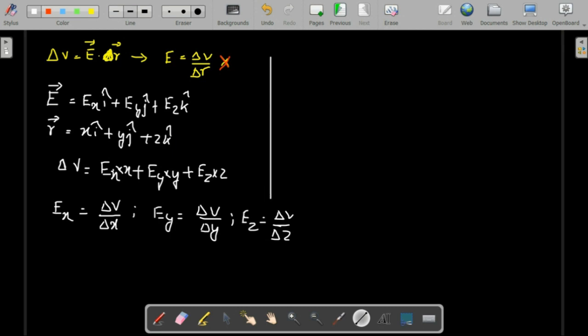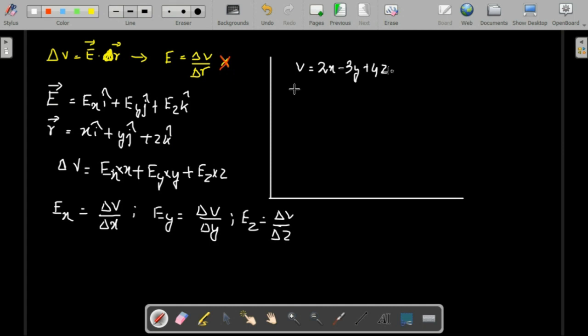Now if I just tell you that your potential is given, and you have to find out the electric field, maybe your potential is given to be 2x minus 3y plus 4z.